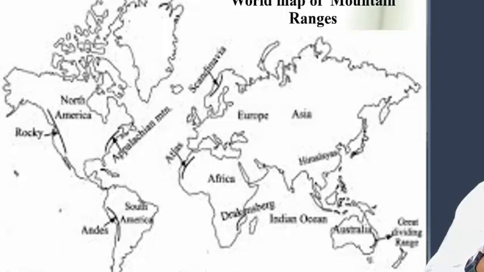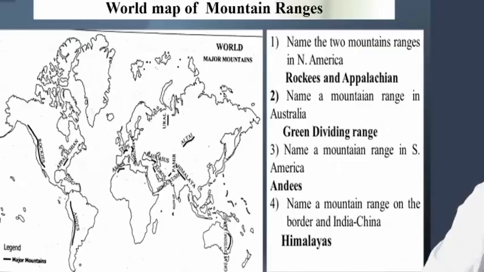In Africa we have 2 mountains, one on the top, one on the bottom, whereas in Europe the Ural mountains are in the Russia part. Then in Asia we have the Himalayan ranges. Then in Australia there is the Great Dividing Range.